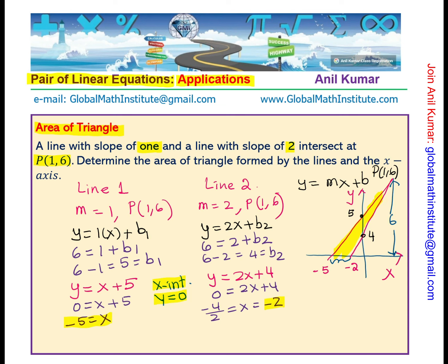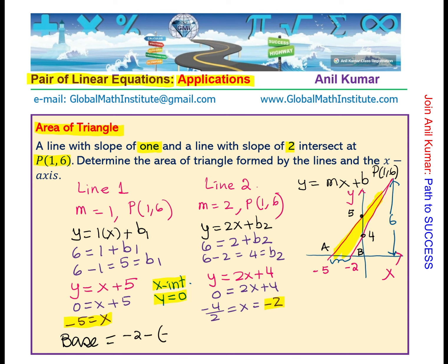Let's label these points as A and B, for example. The base is minus 2 minus of minus 5, which is 3. And we know the height is 6.